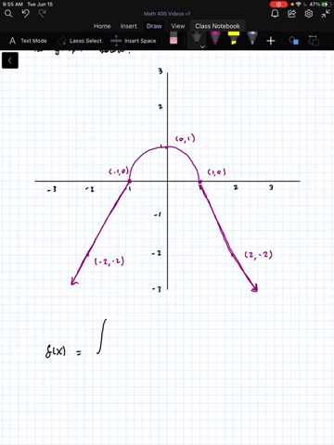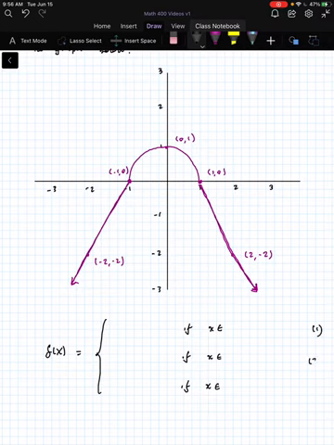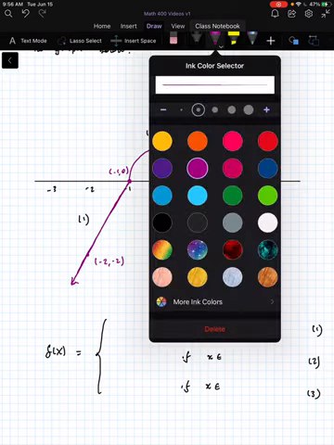So your answer should look something like this. You're going to have a first, second, and a third, corresponding to, let's call this 1, this one 2, this one 3. First one corresponding to this part, the second one corresponding to this part, and the third one corresponding to this part.